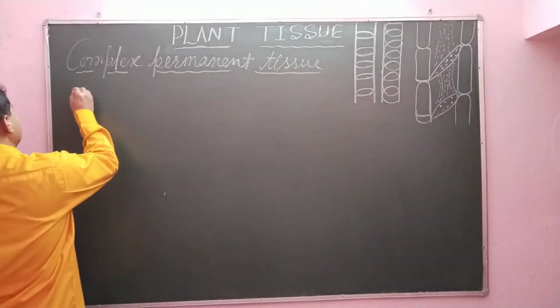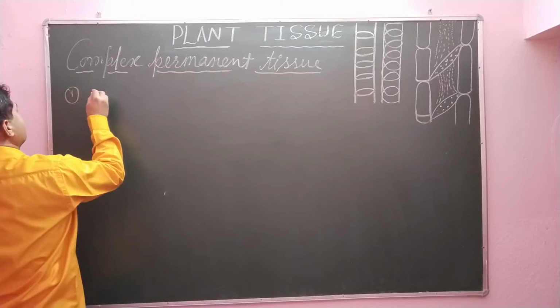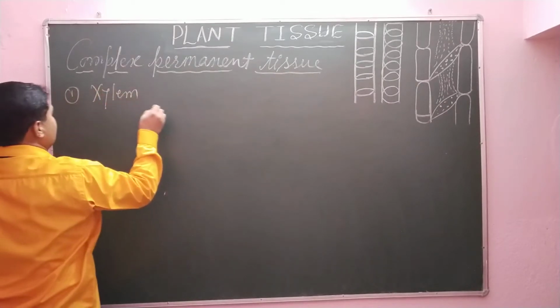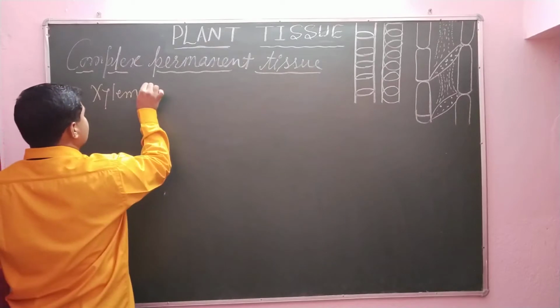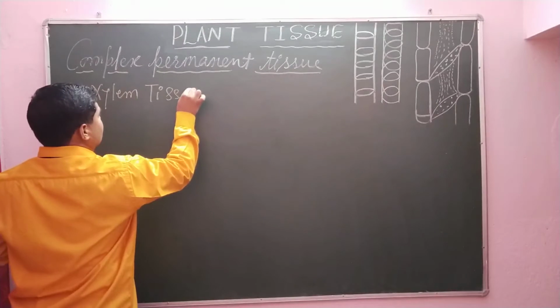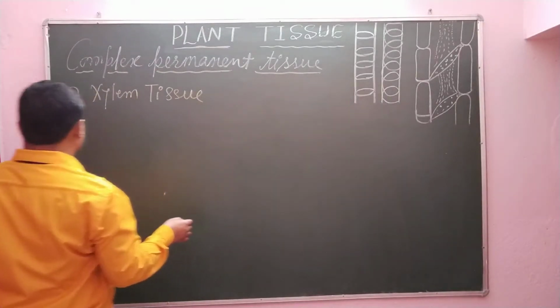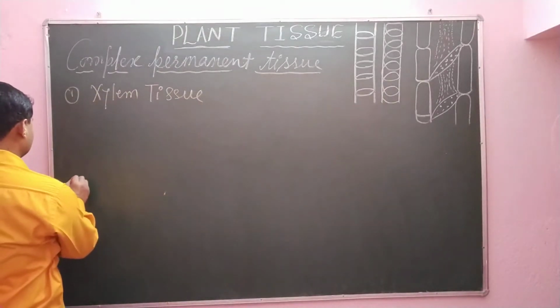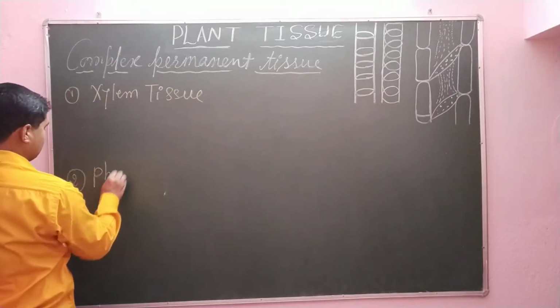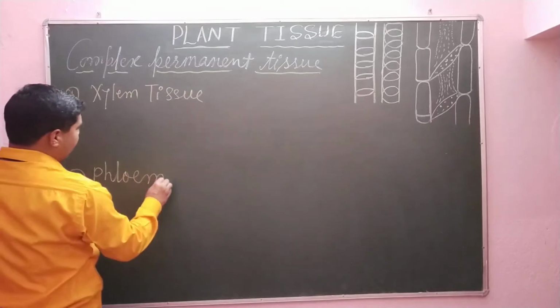First, xylem tissue, and second is phloem tissue.